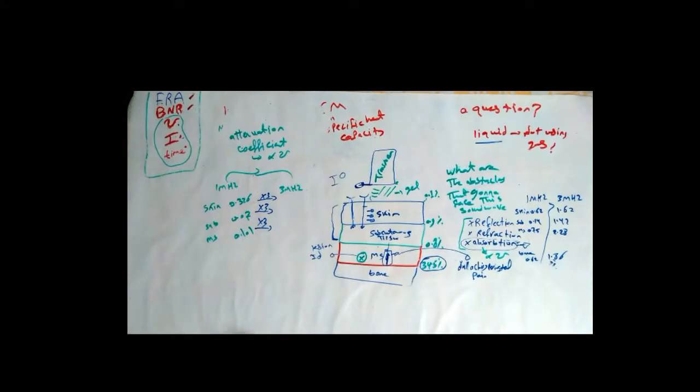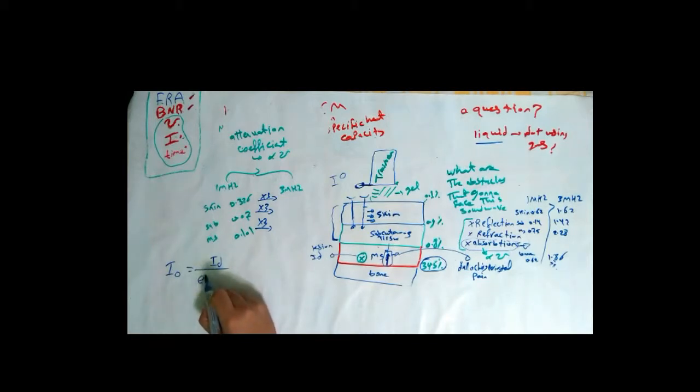First, to get the intensity at the device, it will be the intensity at the distance times e to the power of minus 2 a d.